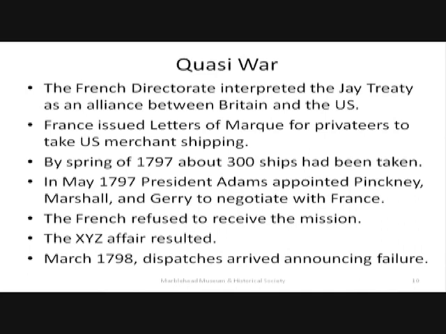And in March 1798, the dispatches arrived in Adams' hands telling him the mission had failed. And the way it had failed, as the month went on, came in, and he realized he was sitting on a time bomb. If it was released, the public was going to demand war.